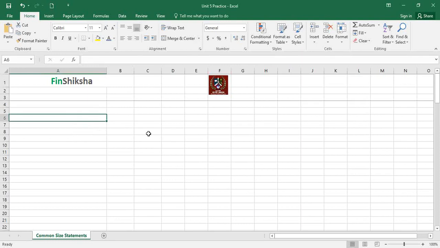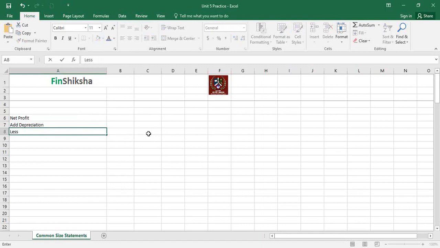So let's look at the numbers. We're going to look at net profit. We're going to add depreciation. We're going to less change in current assets. We're going to add change in current liabilities.